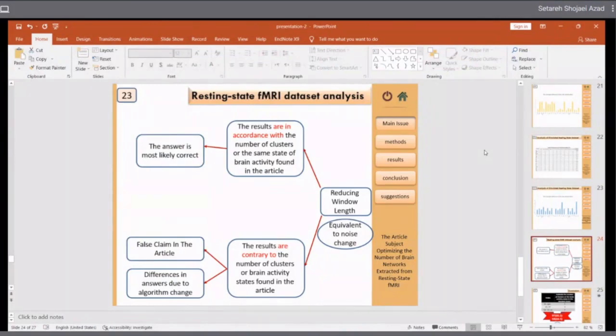To do this, we reduced the window length from 60 to 35 and equated it to the simulated data with coefficients 0.4 and 0.8.